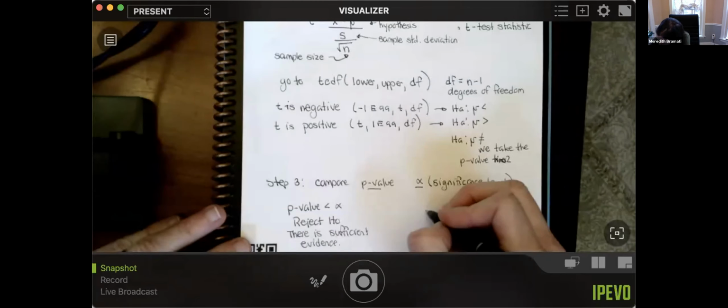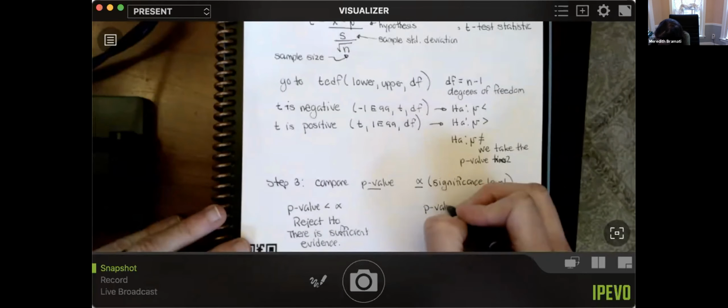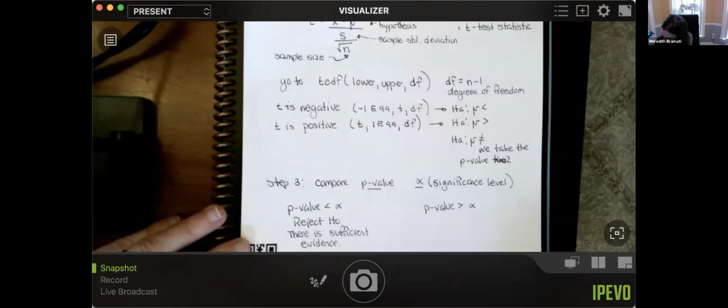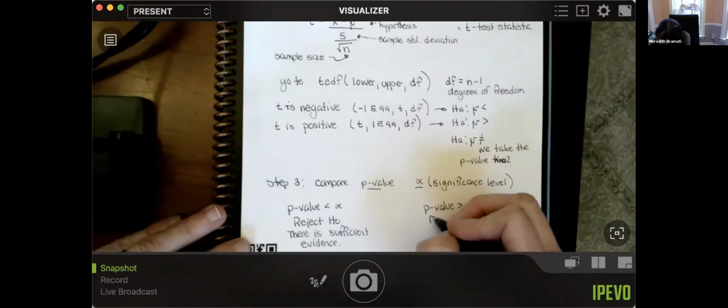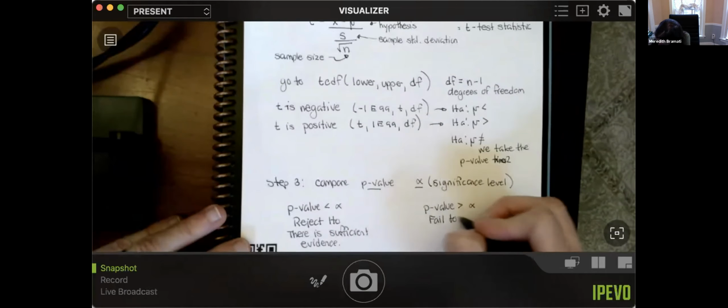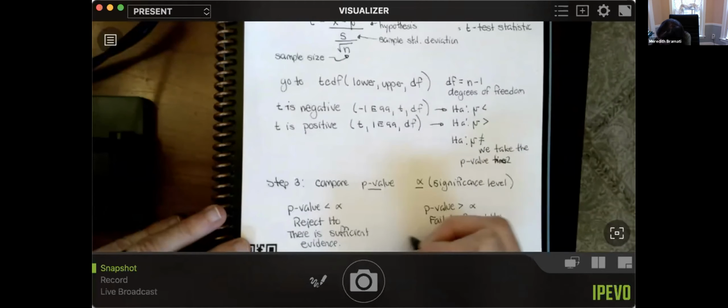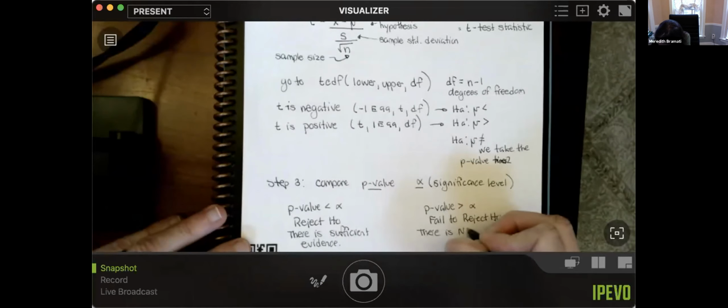And then if the p-value is greater than the significance level, we fail to reject HO. There is not sufficient evidence.